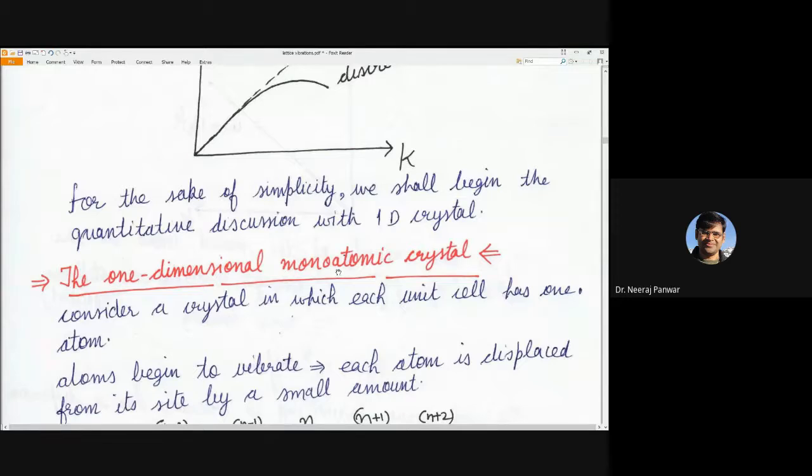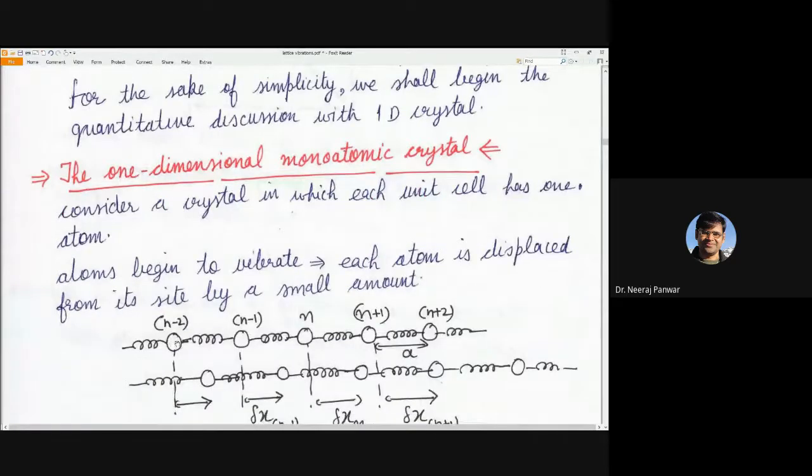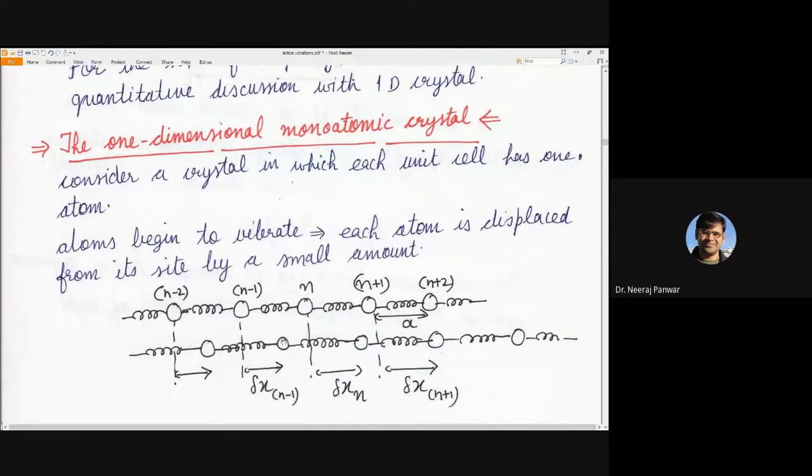One-dimensional monoatomic crystal means in every unit cell we have one atom. Atoms begin to vibrate. So this is a one-dimensional chain of atoms in which this is the nth atom, and other atoms are represented by n plus 1, n plus 2. To its left we have the n minus 1th atom, n minus 2th atom, like this, and these atoms start vibrating.